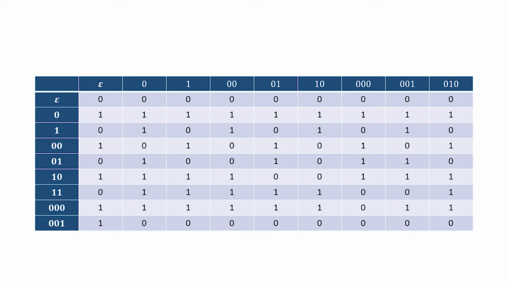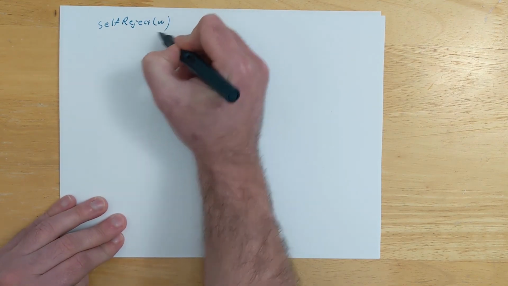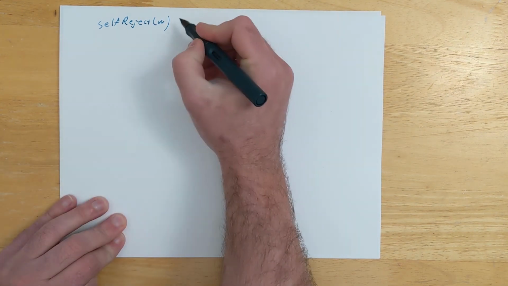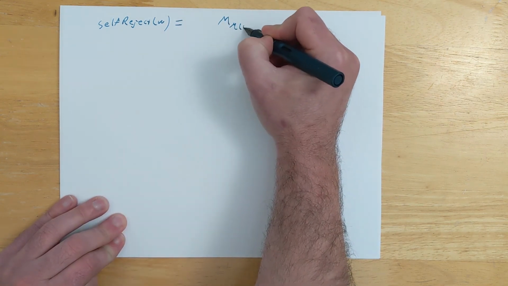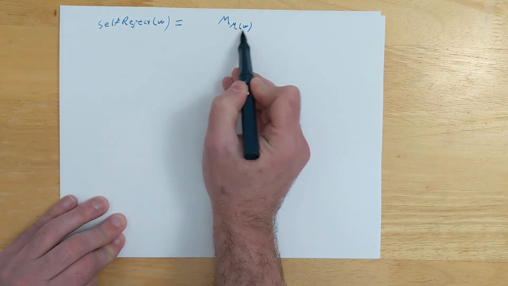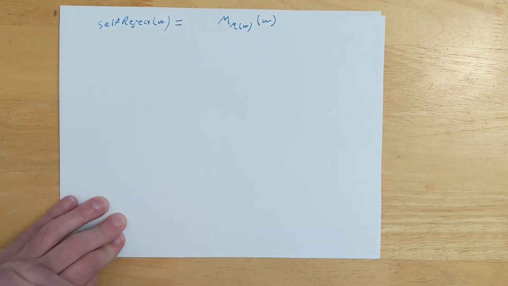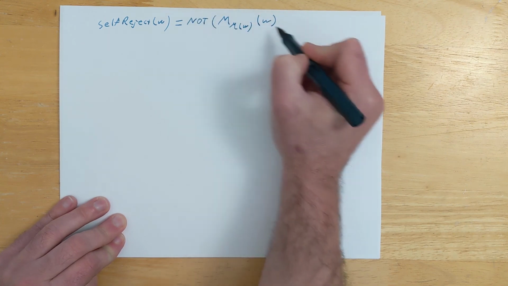But what we can do is find the identity of the self-reject language using this table. The definition of self-reject is essentially: self-reject of W. To figure out the answer, I take the machine which W represents, so this is fancy M on W, find the machine it represents, and then apply that to W. Whatever answer I get, I do the opposite of that.